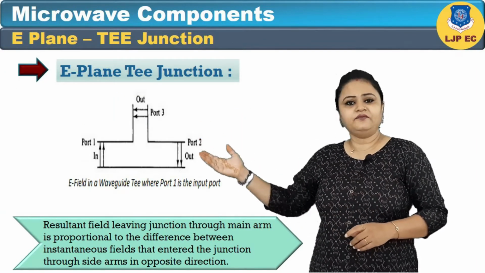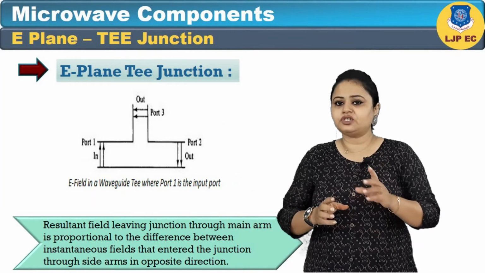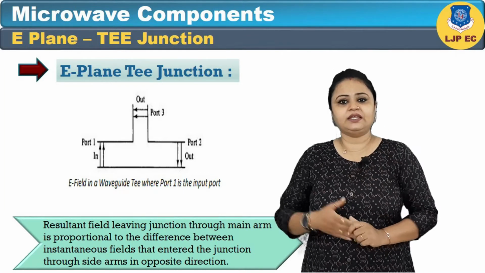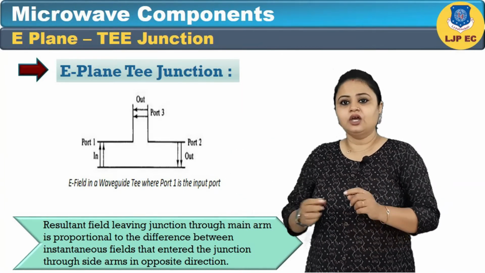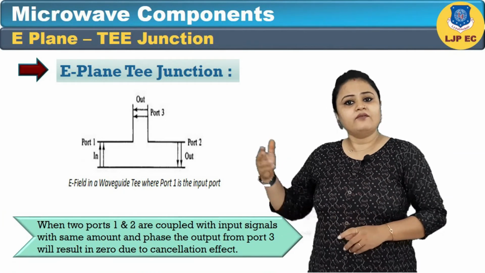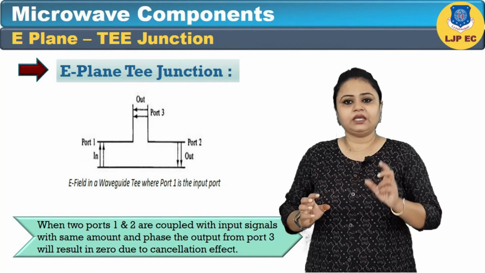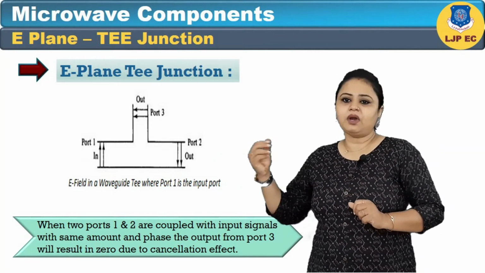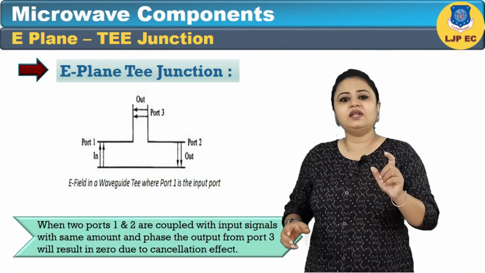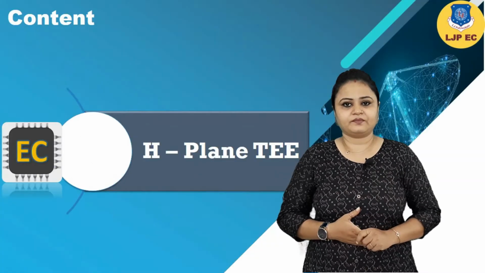The resultant field leaving the junction through the main arm is proportional to the difference between the instantaneous fields that entered the junction through the side arms in opposite direction. When 2 ports 1 and 2 are fed with input signals of the same amount and phase, the output from port 3 will be 0 due to the cancellation effect.